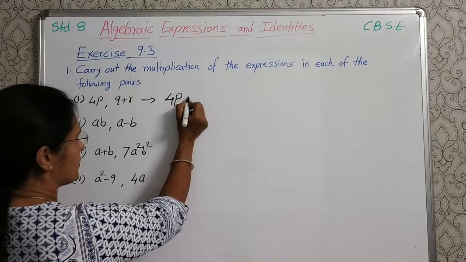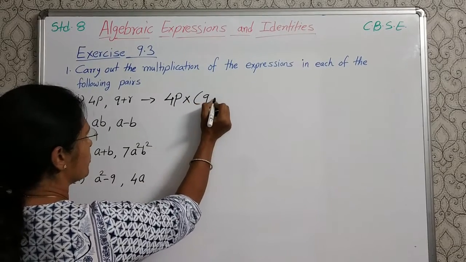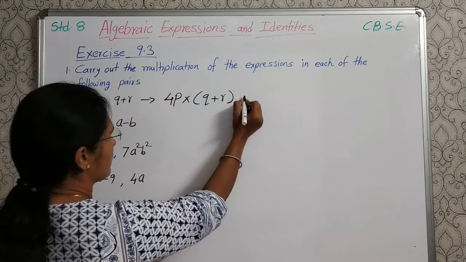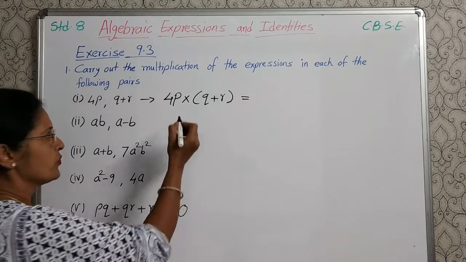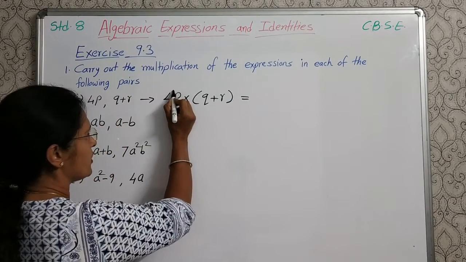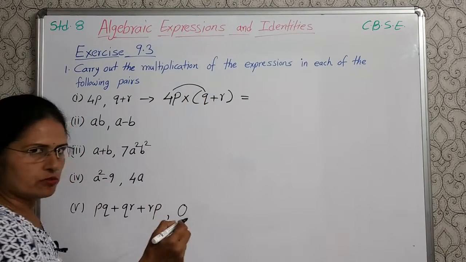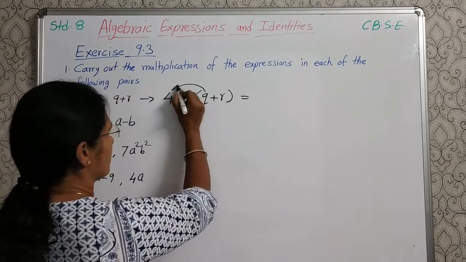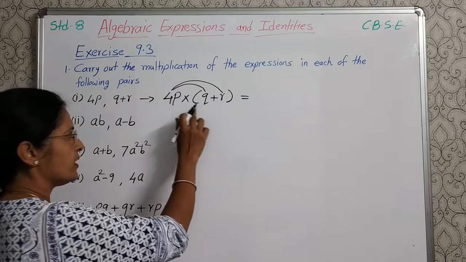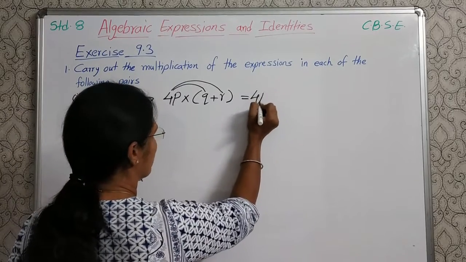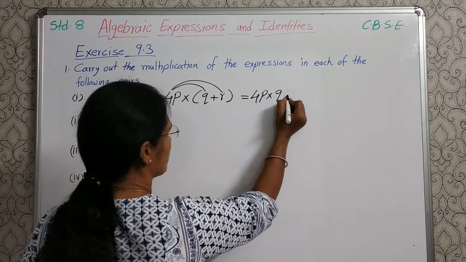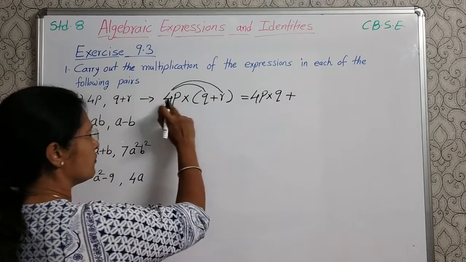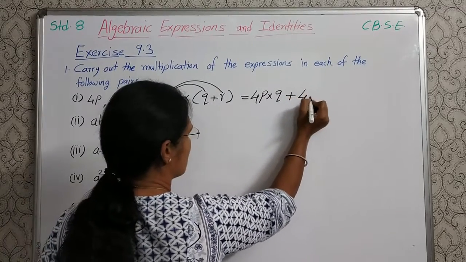4p multiplied by q plus r. This is equal to, now multiply this 4p with each term from this binomial. So here first 4p into q, 4p into q plus 4p into r.